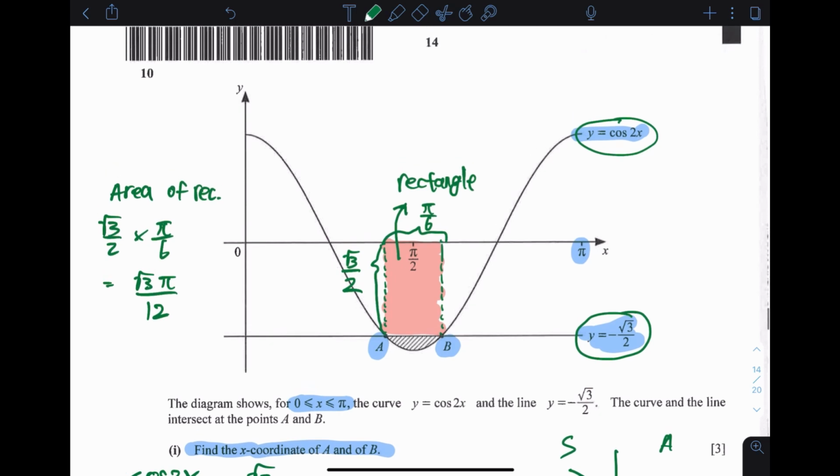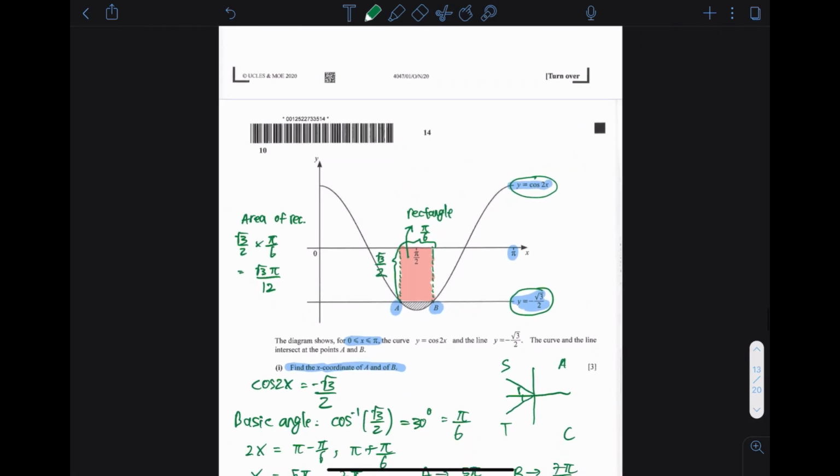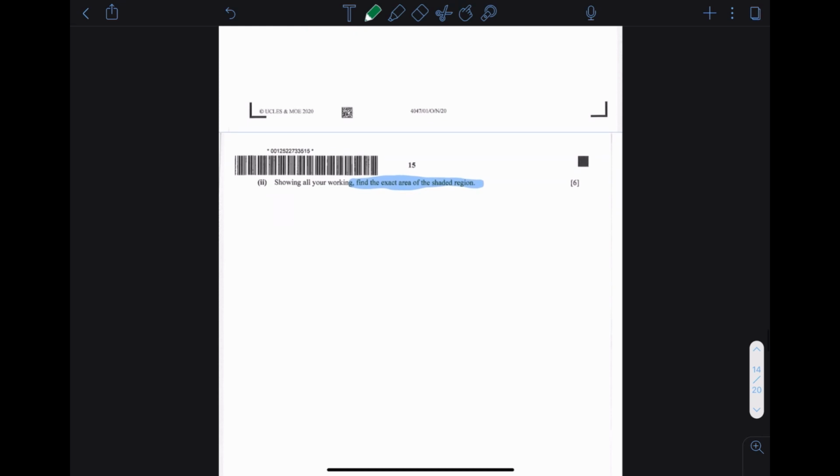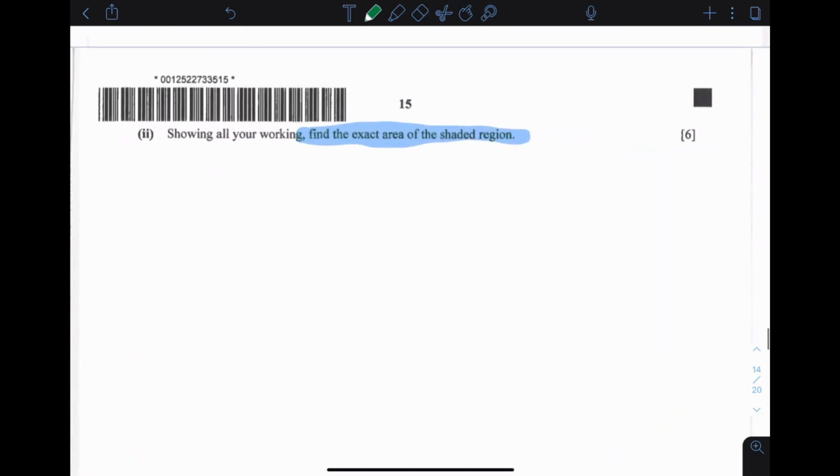We are going to go back to integration to find the area under the graph. Our idea here is to integrate cosine 2x from A until B. A is 5 pi over 12 and B is 7 pi over 12. Then you minus the rectangle area.